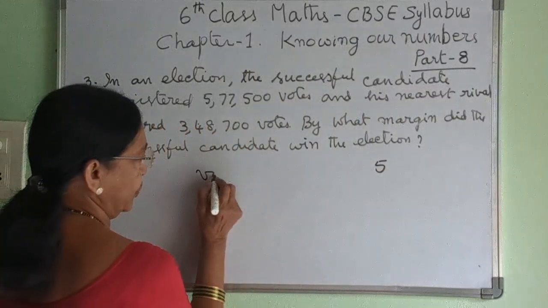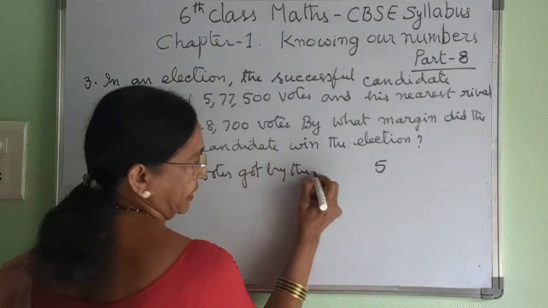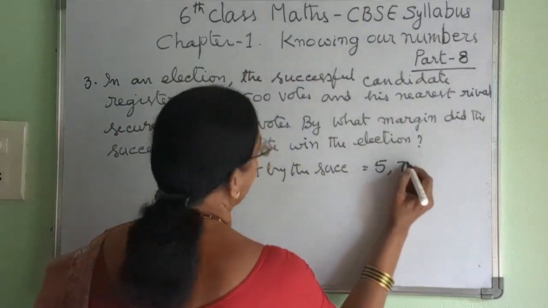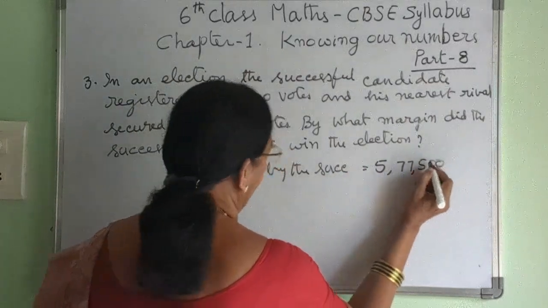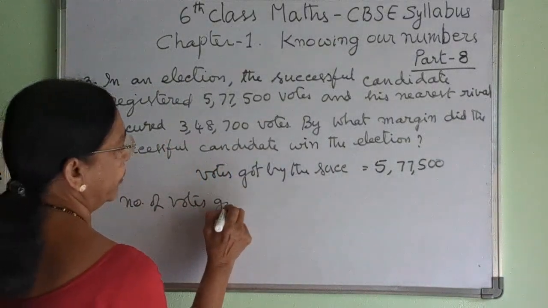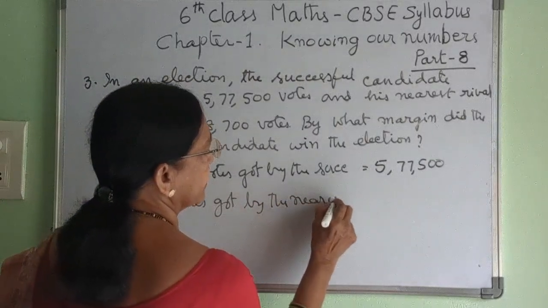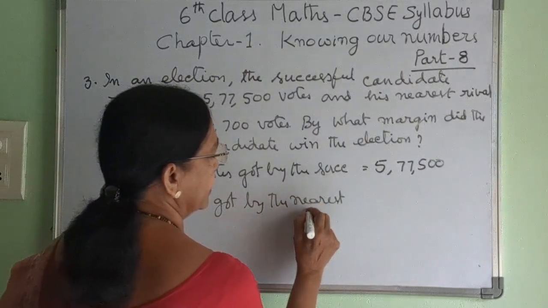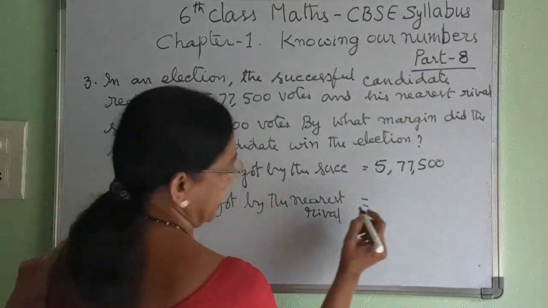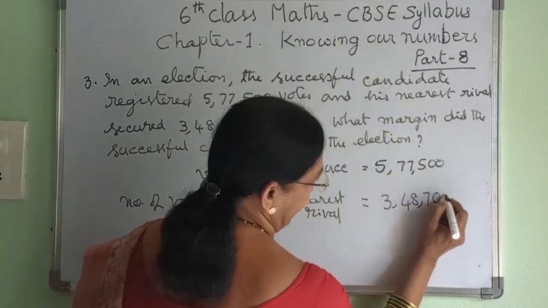So votes got by the successful candidate is 5,77,500, and the number of votes got by the nearest rival is equal to 3,48,700.